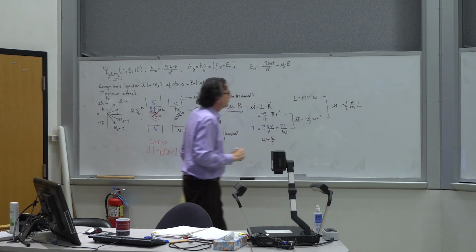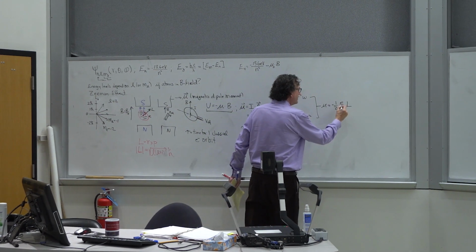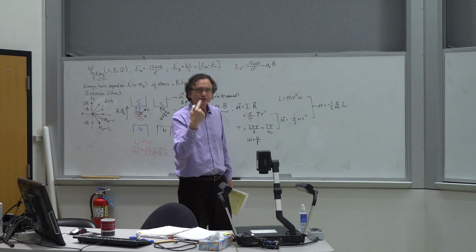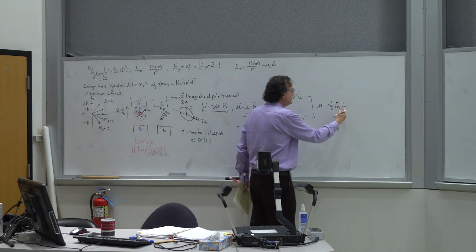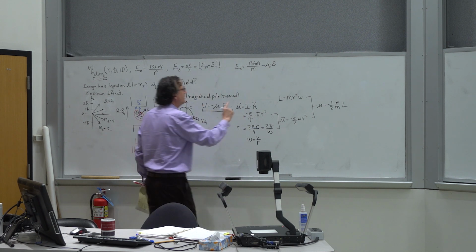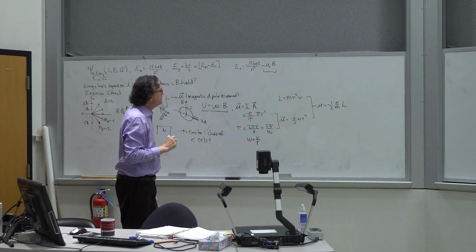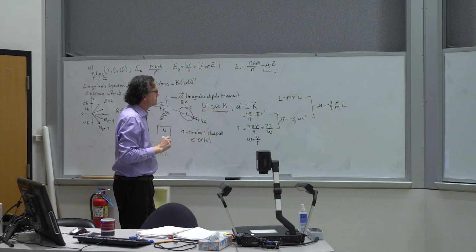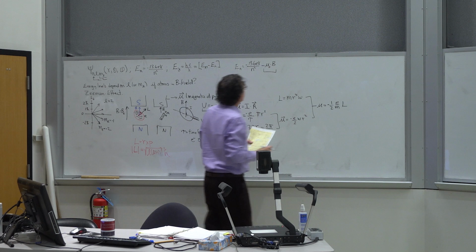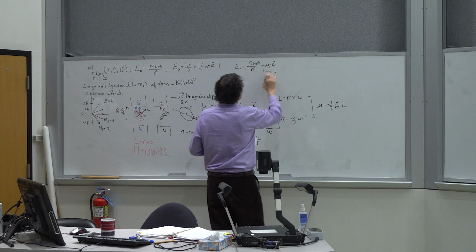Okay? So we now have the relation that by virtue of a charged particle moving in a circular orbit with angular momentum, it creates a dipole moment, and that dipole moment interacts with a magnetic field with a potential energy of mu dot B, or in this case mu sub z times B. Now I just need to evaluate mu sub z in this equation.